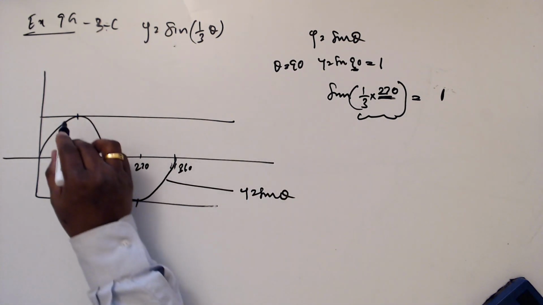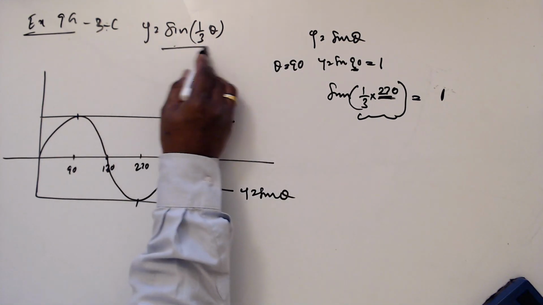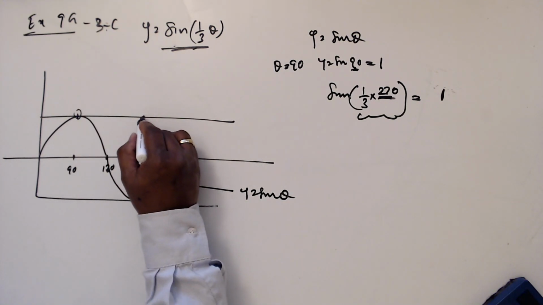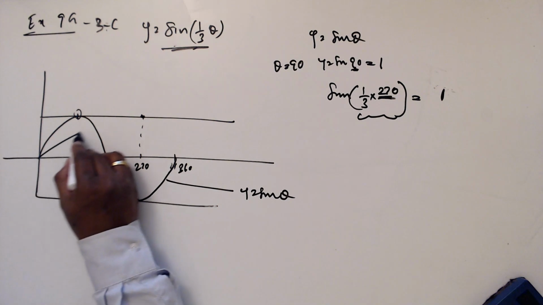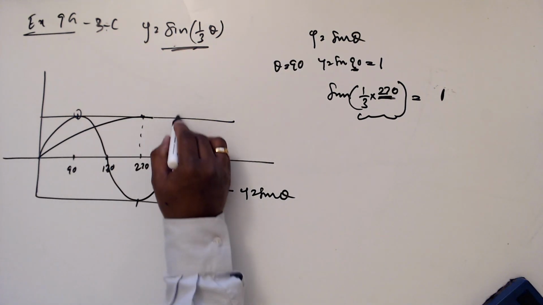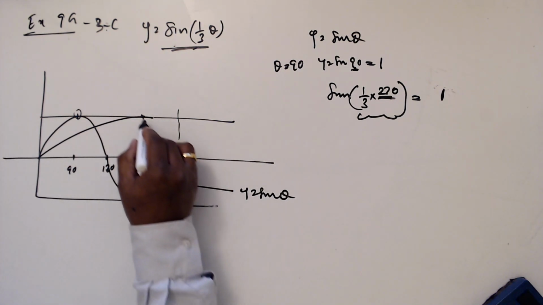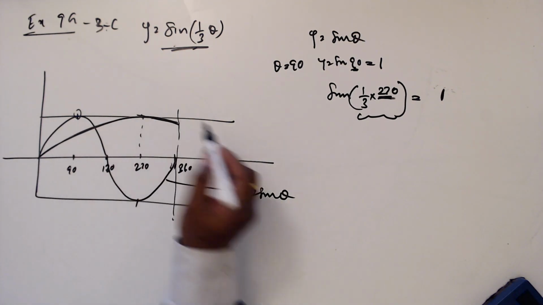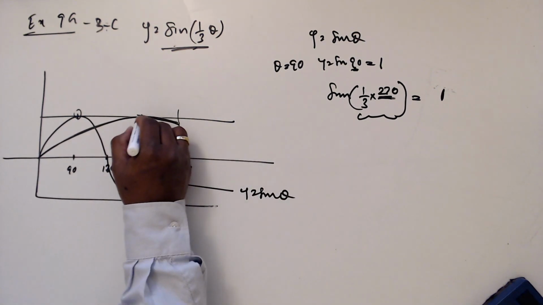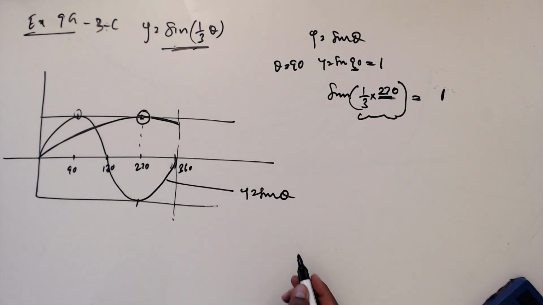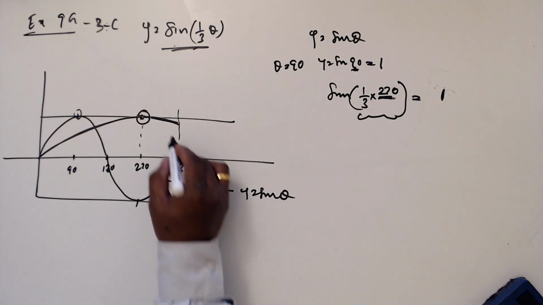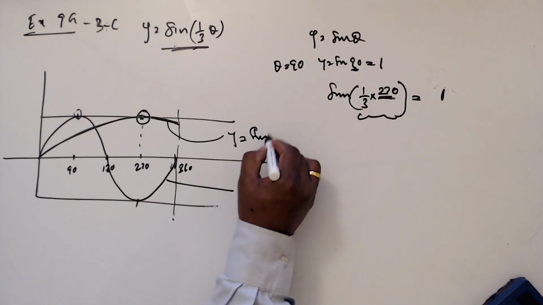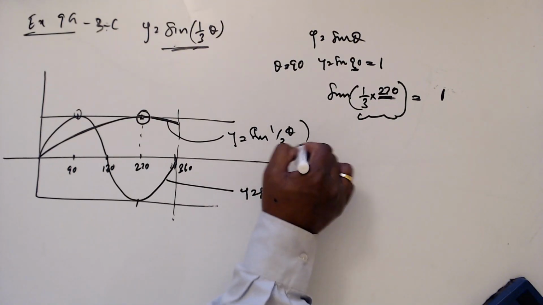It means in this graph, this maximum will occur at 270. It is something like this, and the graph is allowed to draw like this. It's going to be just a small part we managed to do. So this graph is y equals sine of 1/3 theta.